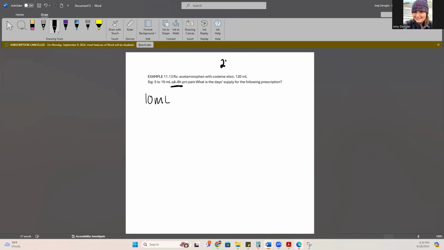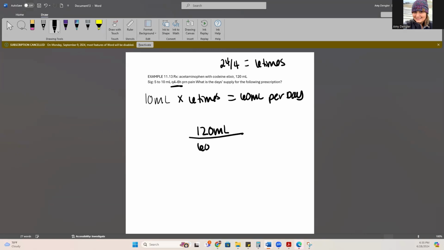So if we do 24 divided by the 4, we know that that's 6 times a day. So they can take 10 ml 6 times a day for their prescription. So if we do 10 times 6, that means they can take 60 ml per day. And if we're dispensing a 120 ml bottle and they can take up to 60 ml per day, how many days is that going to last?